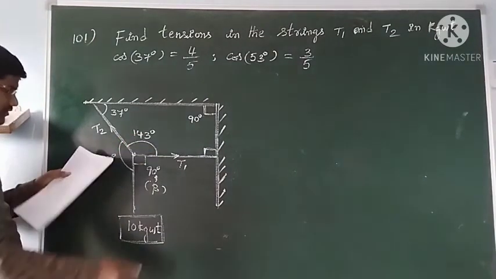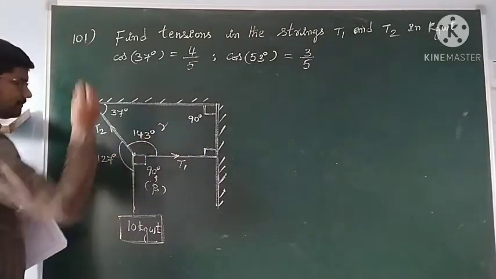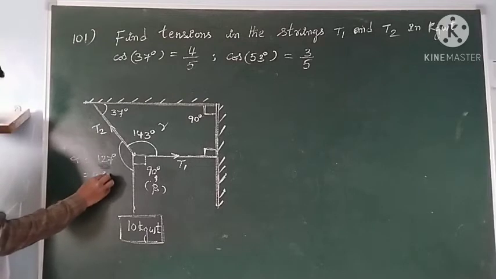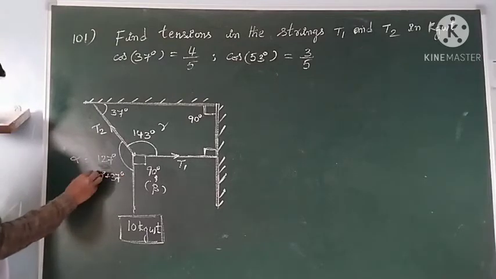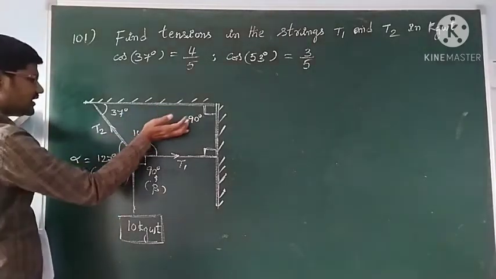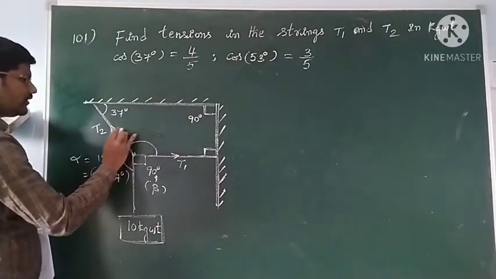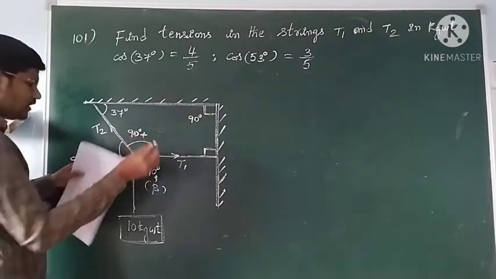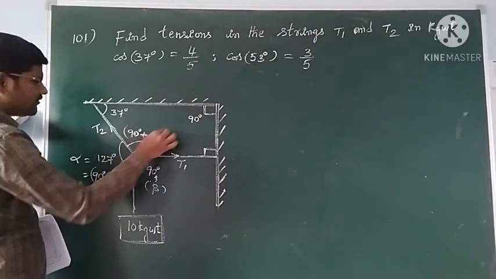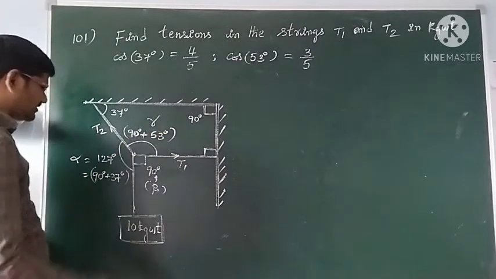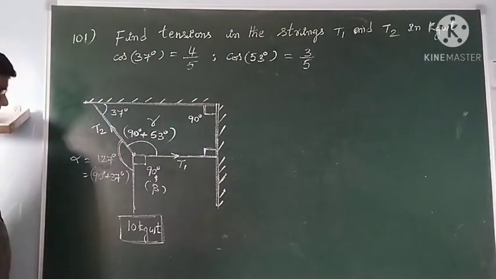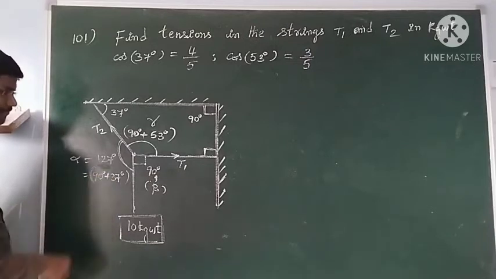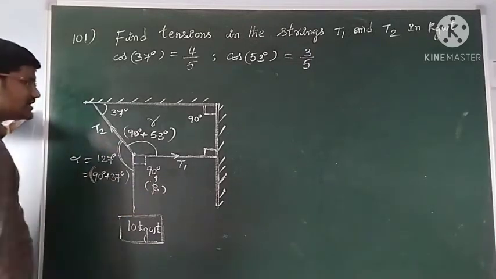You can name it as gamma. 127 degrees I can write like this, see students, 90 plus 37 degrees, and 143 degrees I can write as 90 plus 53 degrees, and this is called gamma. This is alpha. So alpha is equal to 90 degrees plus 37 degrees, beta is 90 degrees, and gamma is like this.